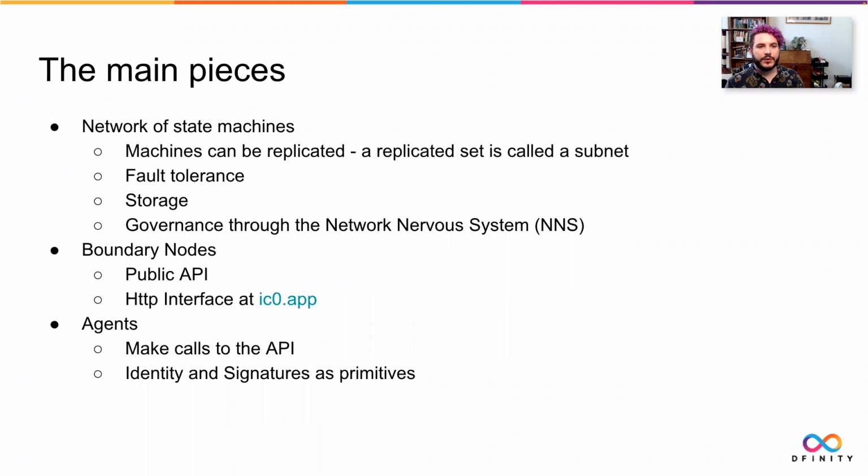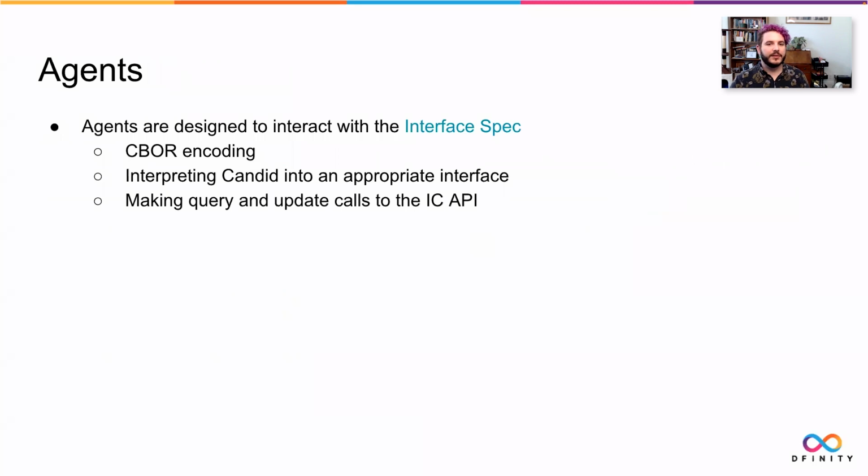And when you call your actor, the agent is any piece of code that is structured to basically interact with the Internet Computer API broadly. It has some responsibilities in how it structures those calls, and it's basically defined by what is in the spec. But at a high level, it's any library in a given language that's designed to talk to the Internet Computer.